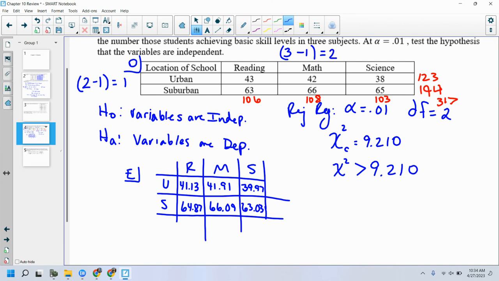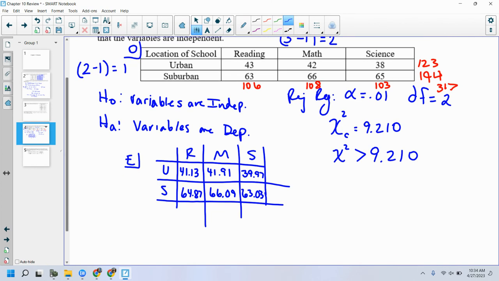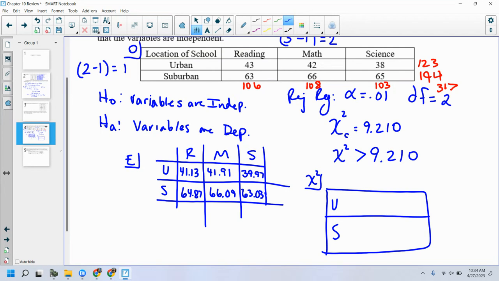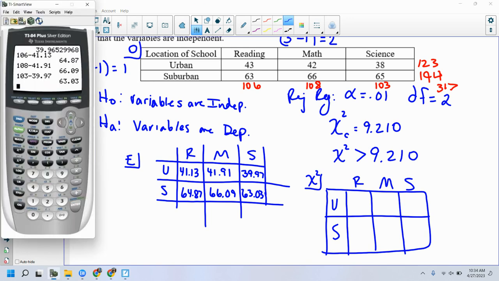Okay, so now we find the chi-square table, which is going to get me the urban, suburban, reading, math, science. Again, O minus E squared over E. 43 minus 41.13 squared divided by 41.13.